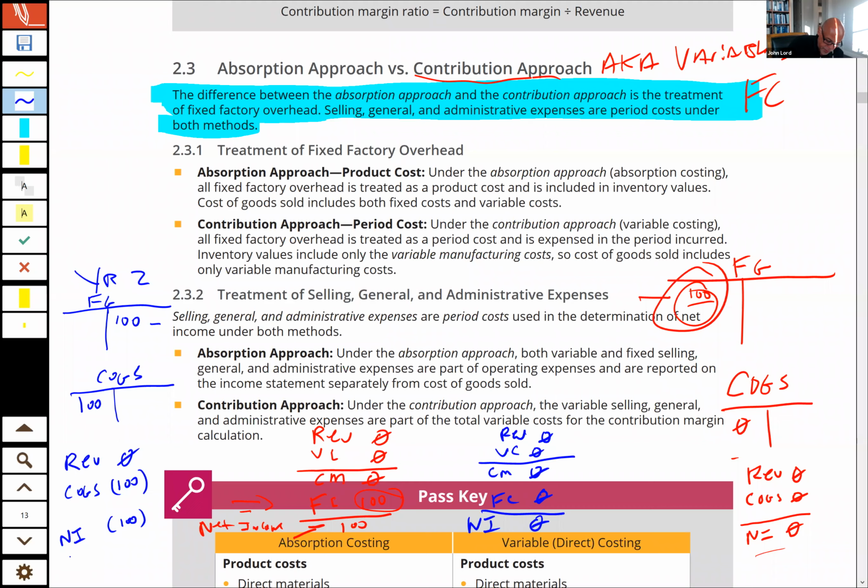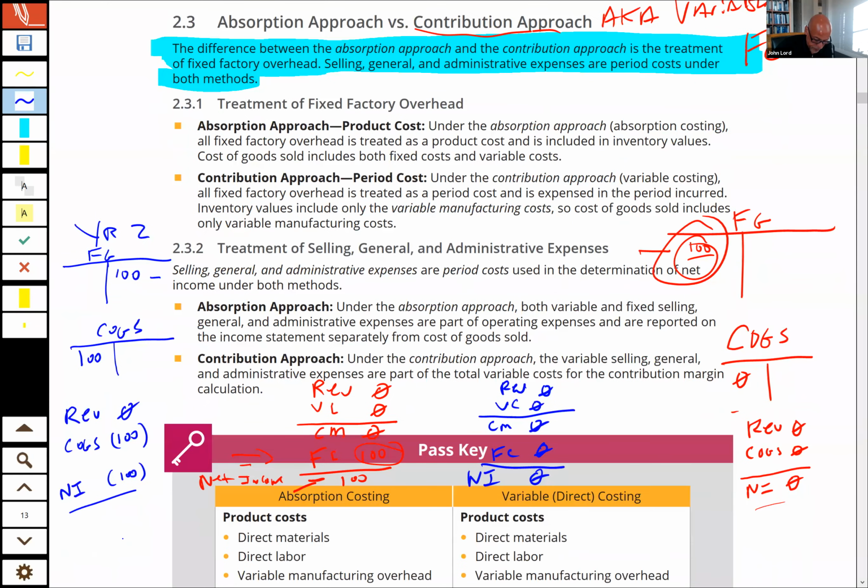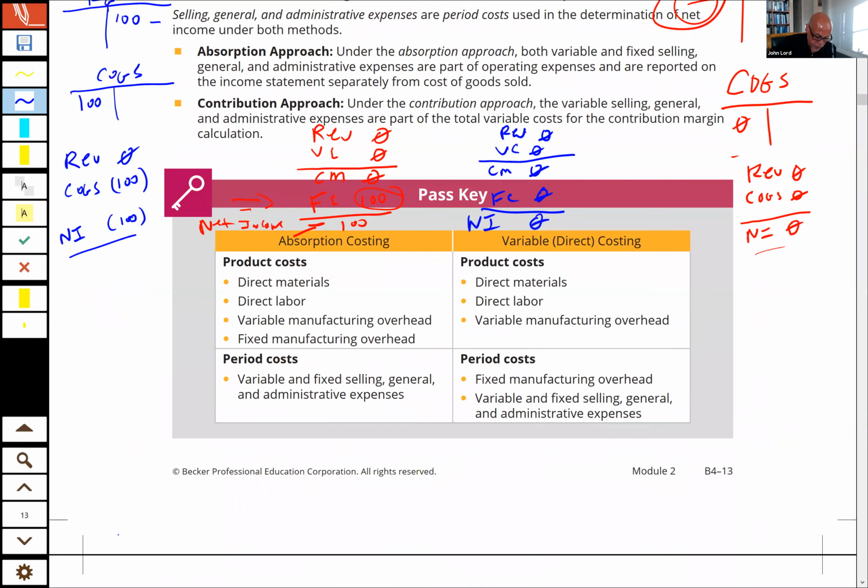So now what's happened? Absorption shows a lower net income, and the difference is the fixed manufacturing overhead. Since my inventory level went down, absorption shows a lower net income. What the exam is going to expect you to determine here is the difference: how we treat the fixed manufacturing overhead.